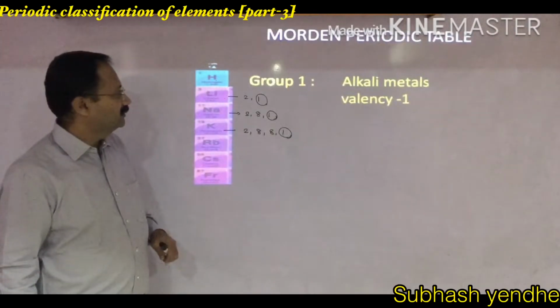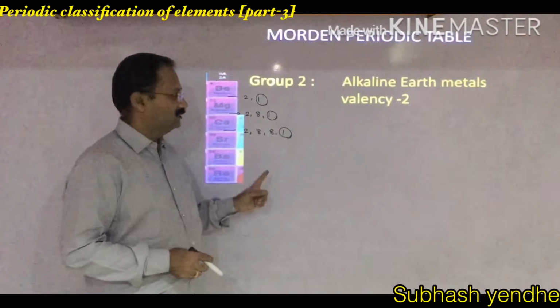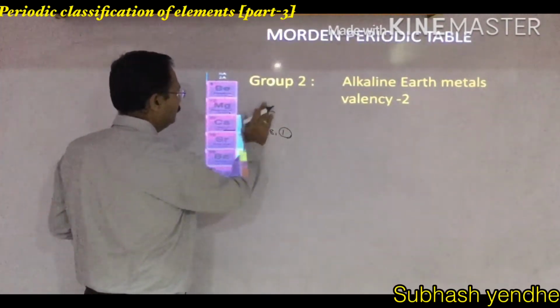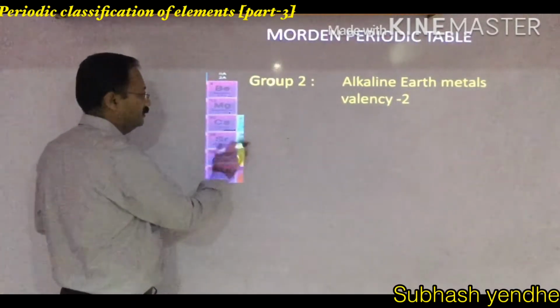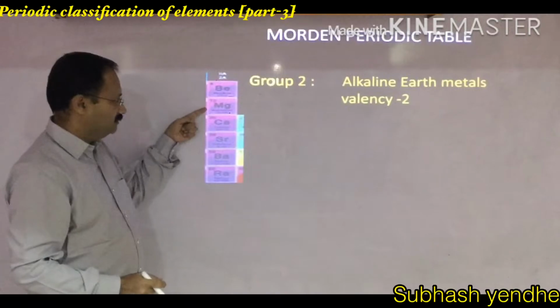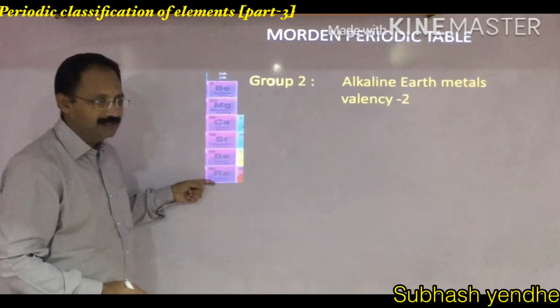Now let's see the second group, which is called the alkaline earth metals. In the alkaline earth metals, you will find that there are 6 elements: beryllium, magnesium, calcium, strontium, barium and radium.